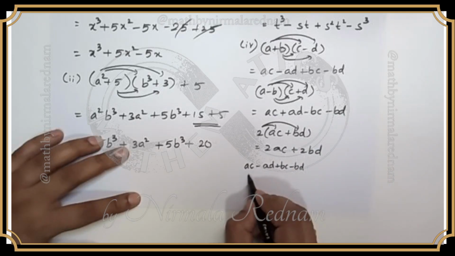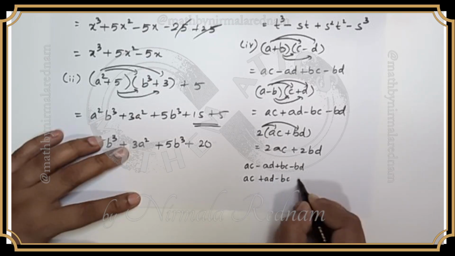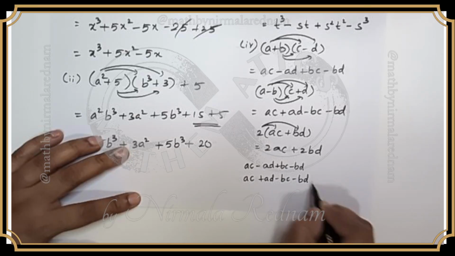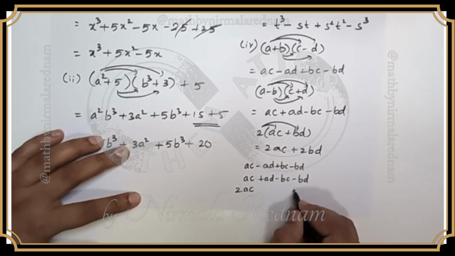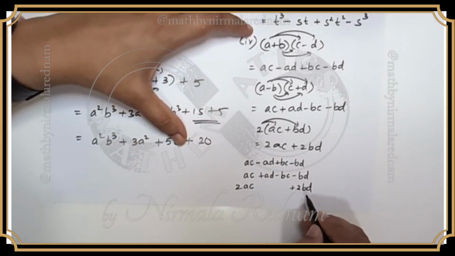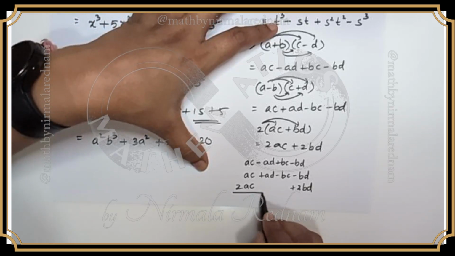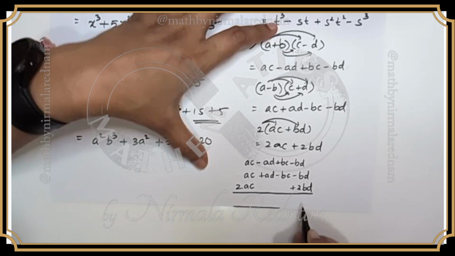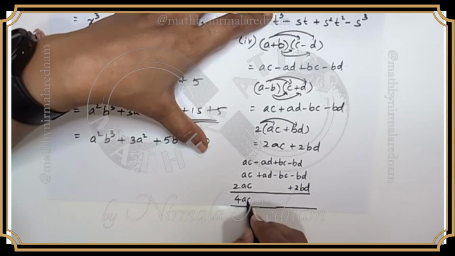The second one is AC, I'll write below this, plus AD minus BC minus BD, right? And this one is 2AC, and then 2BD, right? So I have written the three algebraic expressions by aligning the like terms, and then I have to add these three, okay? So I have a 4AC here. These two are going to get cancelled, so I'll get a 0.